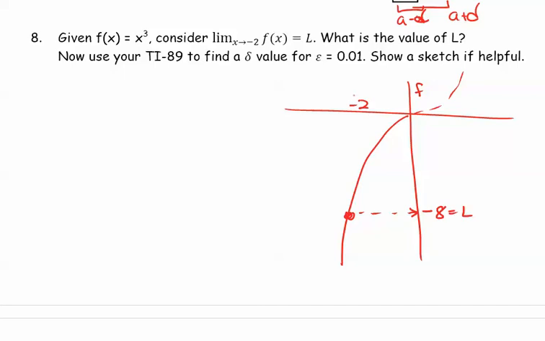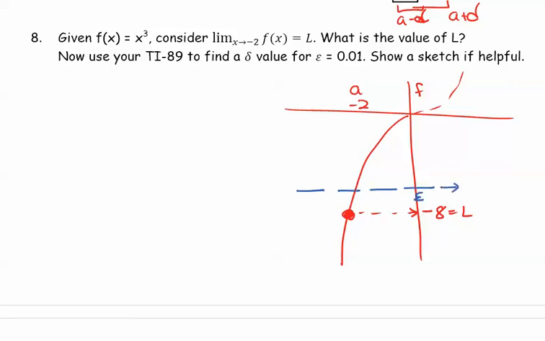So this is our limit value A. And our question is, how can we stay within 1/100th on either side? So we want to set up our tolerance window. And again, I'm greatly exaggerating the distance here.